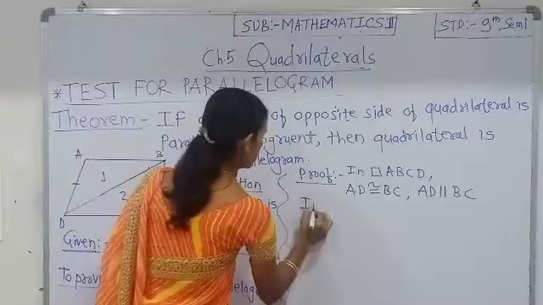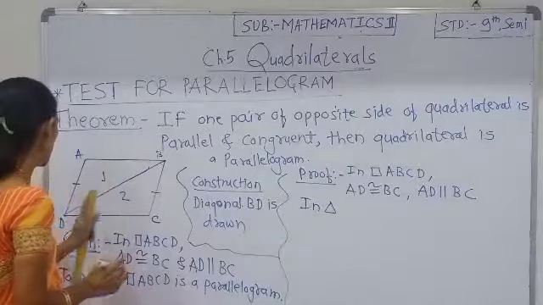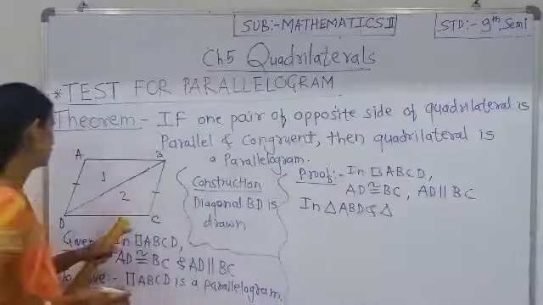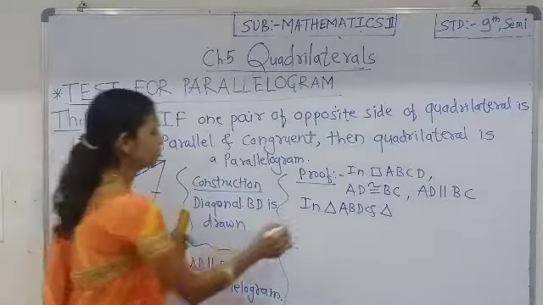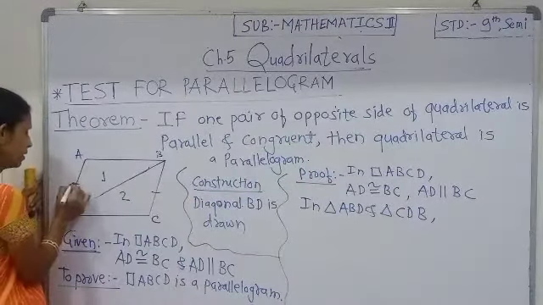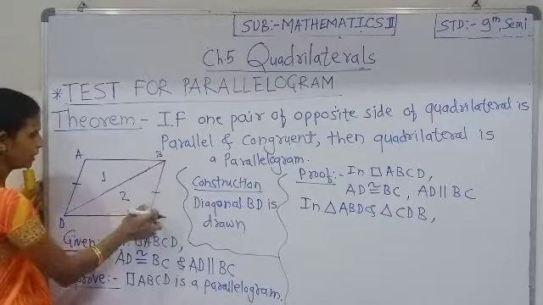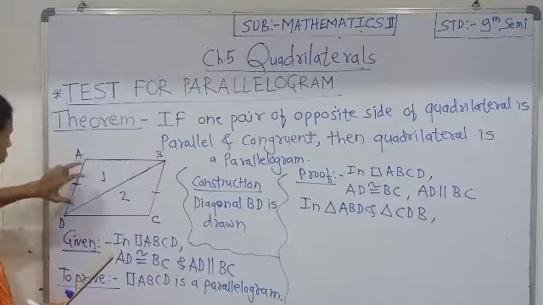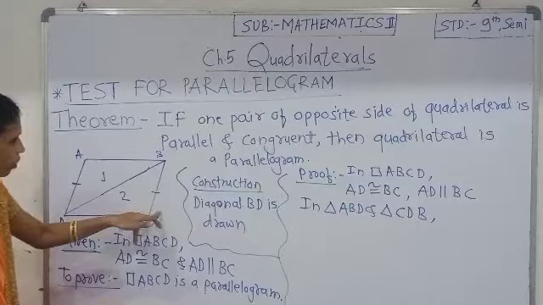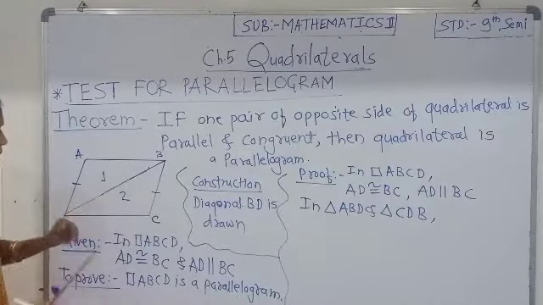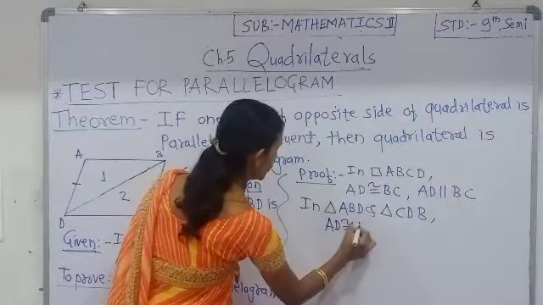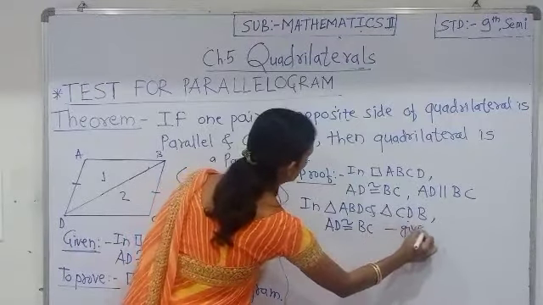In triangle ABD and triangle CDB, AD congruent BC, that means the side AD of triangle ABD and the side BC of triangle CDB are congruent, because it is given.